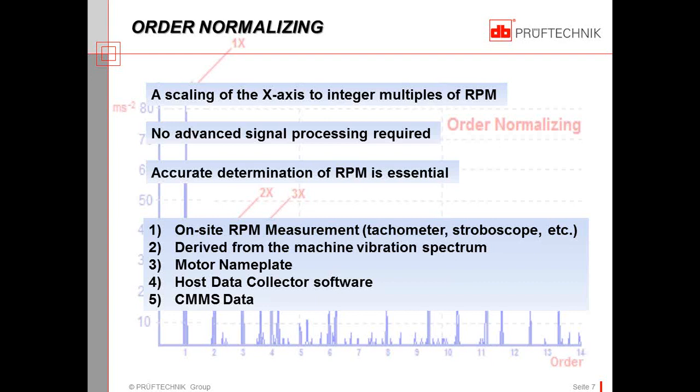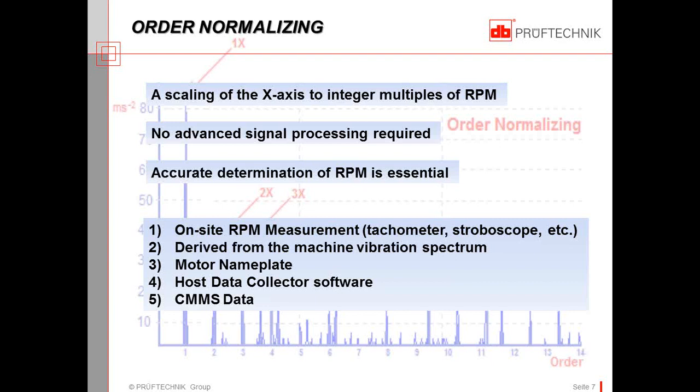So it's a well-known technique and one worth, once again, revisiting. There's a couple of different options used to implement order normalized spectra. You can do it on site, typically in a state-of-the-art data collector, and or it can be done as simply a post-processing function in the host software.